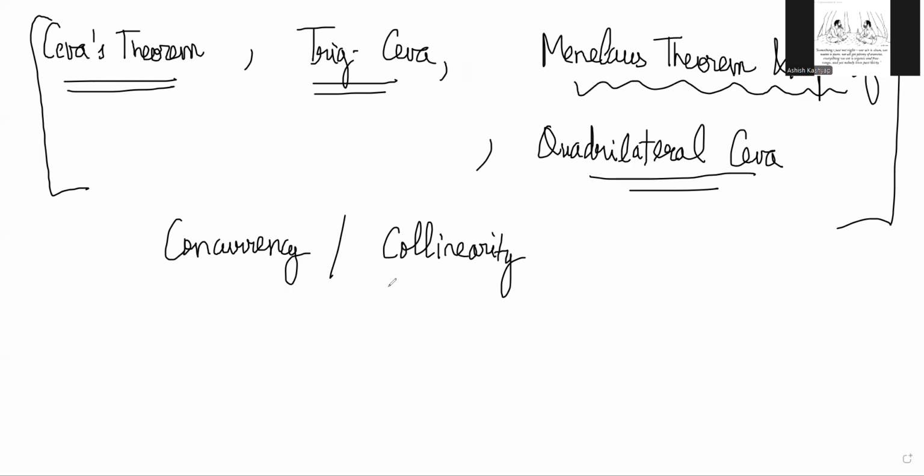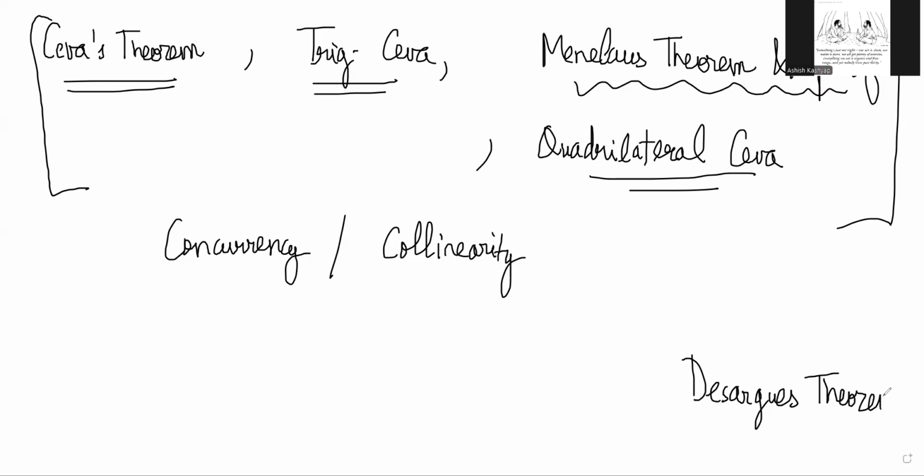After we see all this, there is also a theorem that helps you convert from one to the other, which is basically a concurrency problem can be converted into a collinearity problem and vice versa, depending on whichever is easier. So there is Desargues theorem, which we'll do later.